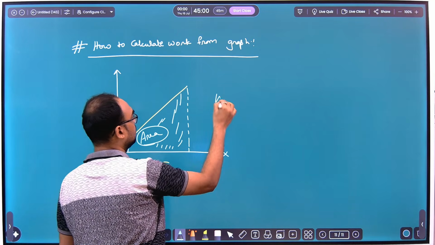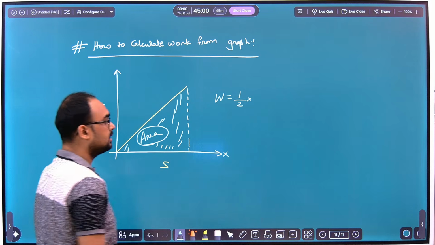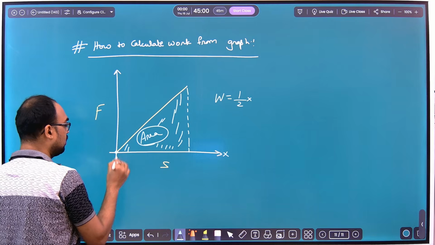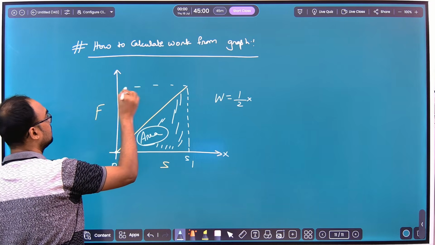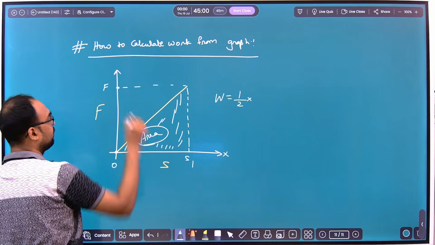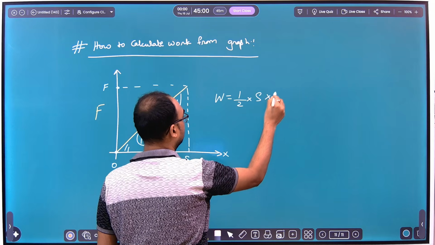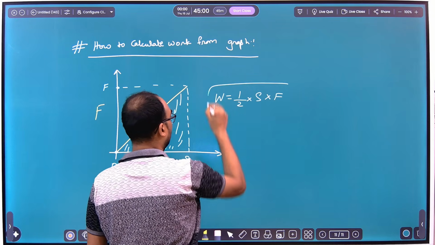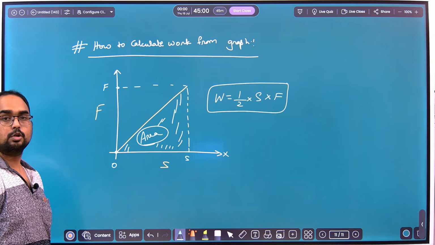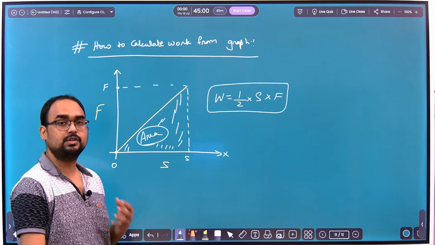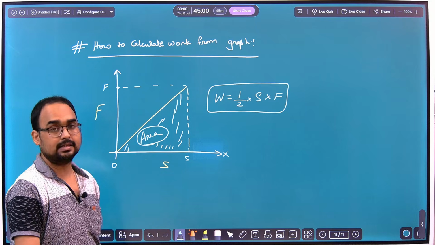So work done will be half into base into height. Now, this is 0 and this is S1. This is 0 and this is F. So that is half into S into F. That is your work done. So to find the work done from a graph, just find the area under that graph with the x-axis.